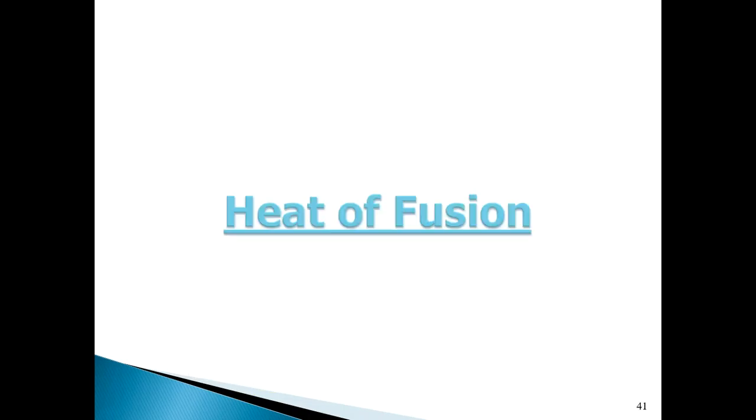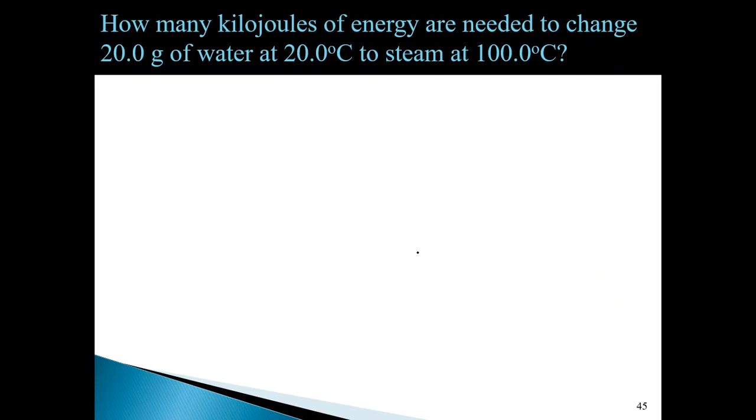So the question is asking for you to calculate the amount of heat to carry out this change. Now, here's the thing. We're going to start off with H2O liquid at 20.0 degrees Celsius, and you're warming it to H2O liquid at 100.0 degrees Celsius.